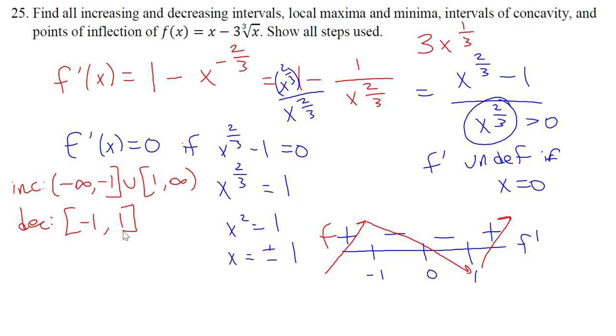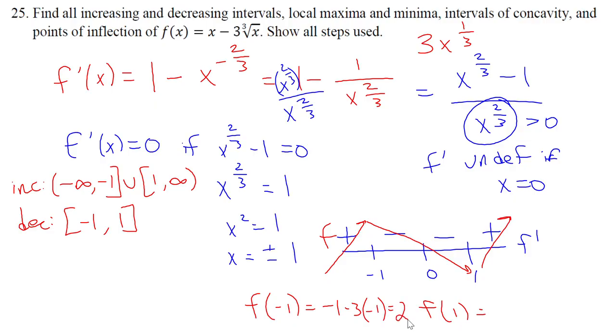We also need to figure out what the actual values of our function are at 1 and negative 1. So f of negative 1 and f of 1, well, if we plug those in, we get negative 1 minus 3 times the cube root of negative 1, which is negative 1. So we get negative 1 plus 3, which is 2.